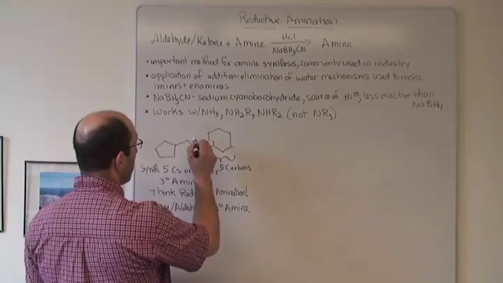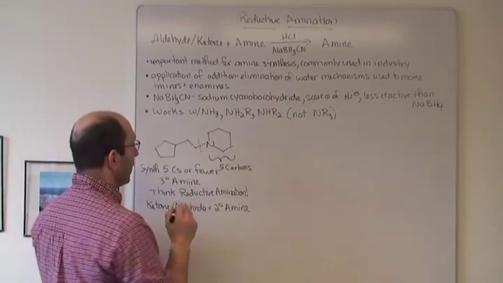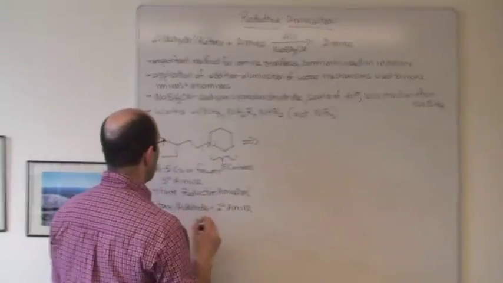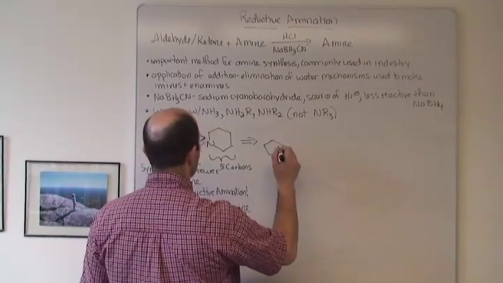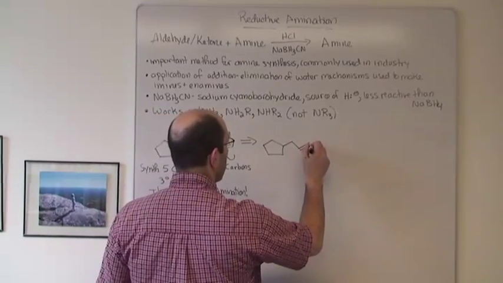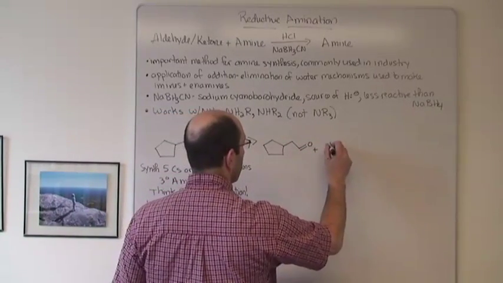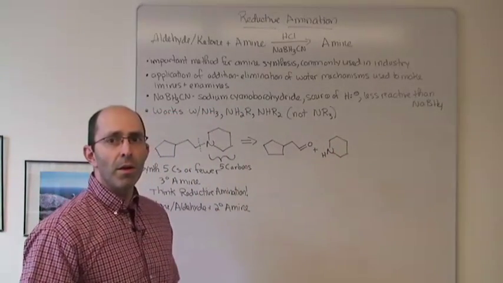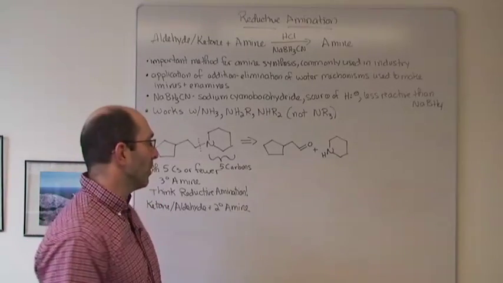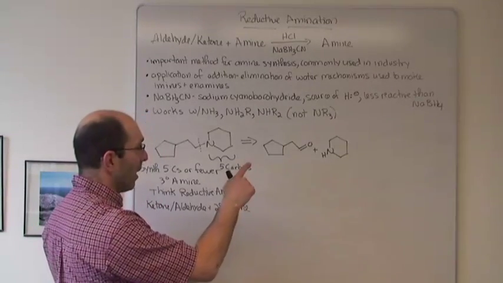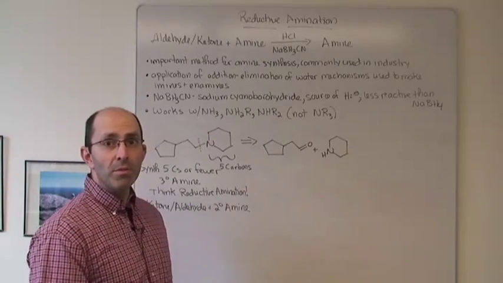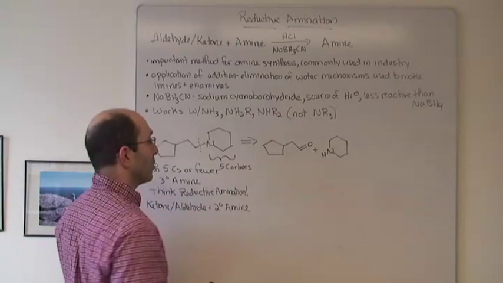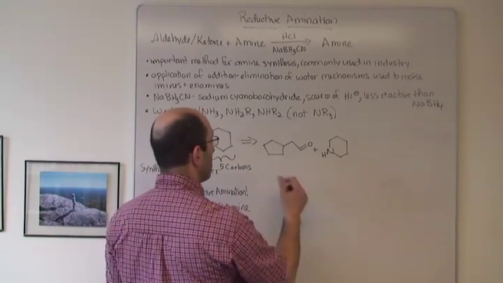What we're going to do is disconnect in that position, and when we do that, it's going to be that aldehyde plus a secondary amine. That's critical for us as we think about this synthesis, because if we combine those two things, it will be the mechanism that we just drew out for reaction of a secondary amine with a ketone or aldehyde to give us a tertiary amine. That's 5 carbons, so we're set with that.